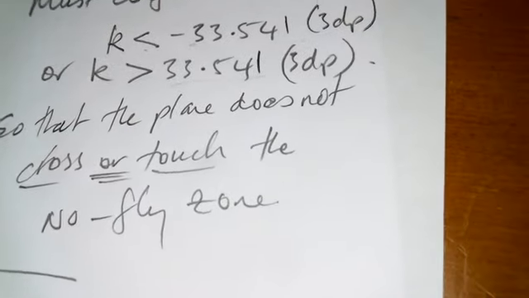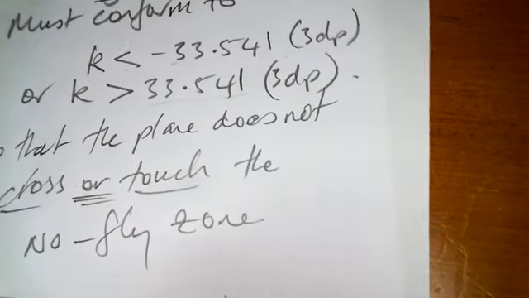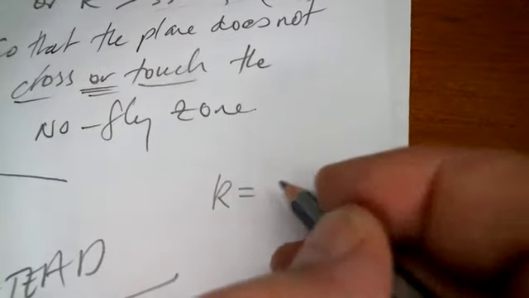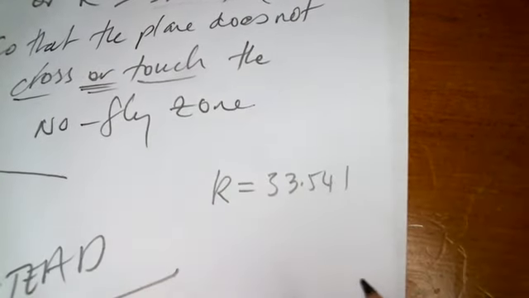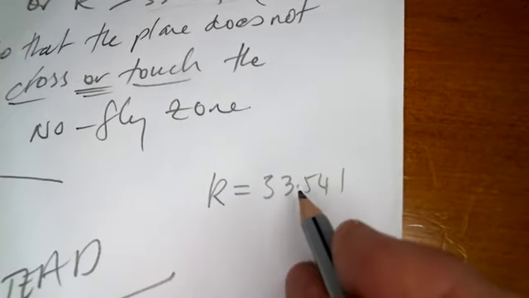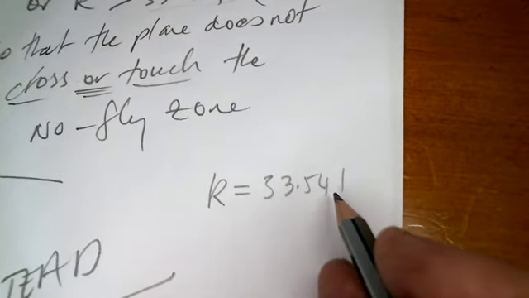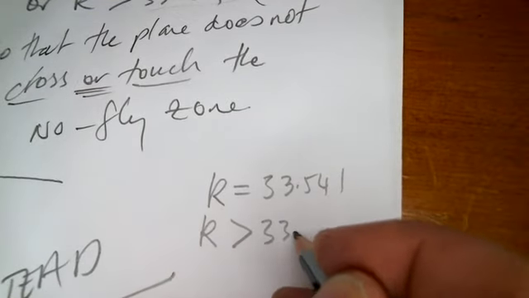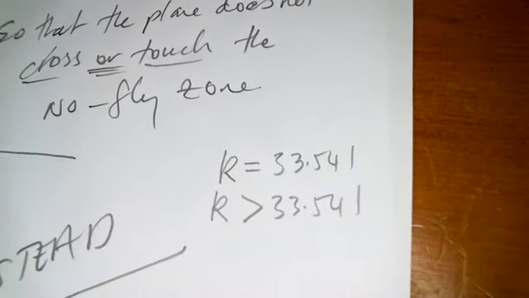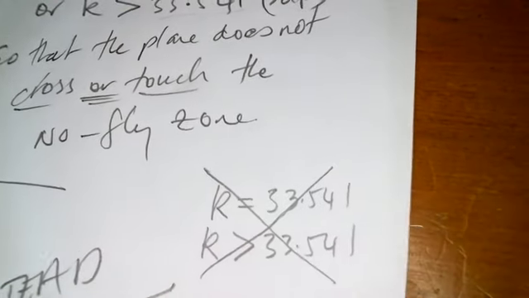Remember, of course, if k was equal to 33.541 and then its negative counterpart, it would be touching. If k was greater than 33.541, it will be touching more than one point. So these are both not what we want.